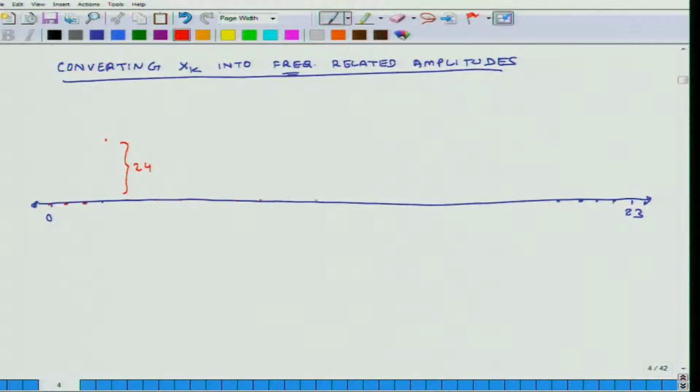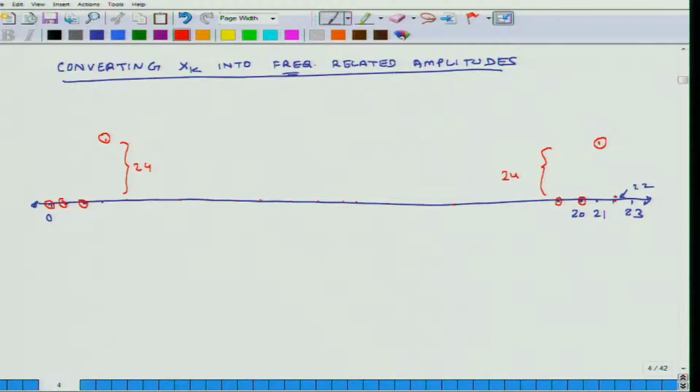At all places it was 0, till you come to 21, and this is 22, this is 20. At 19 also it was 0, at 20 it was 0, but at 21 it was again 24, the magnitude I am talking about.